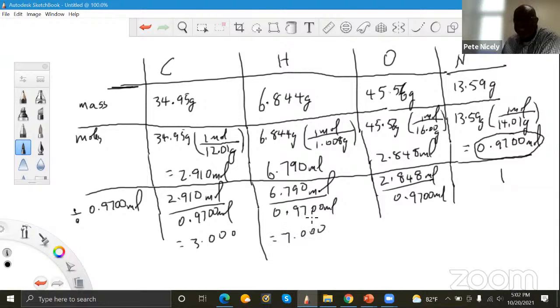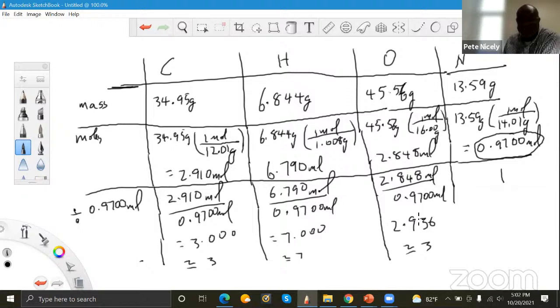And then 2.848 divided by 0.970. Okay, now this one gives me 2.936. All right. So from the look of things, this would be 3, this would be 7, and this would be approximated to 3 because it's 2.936.